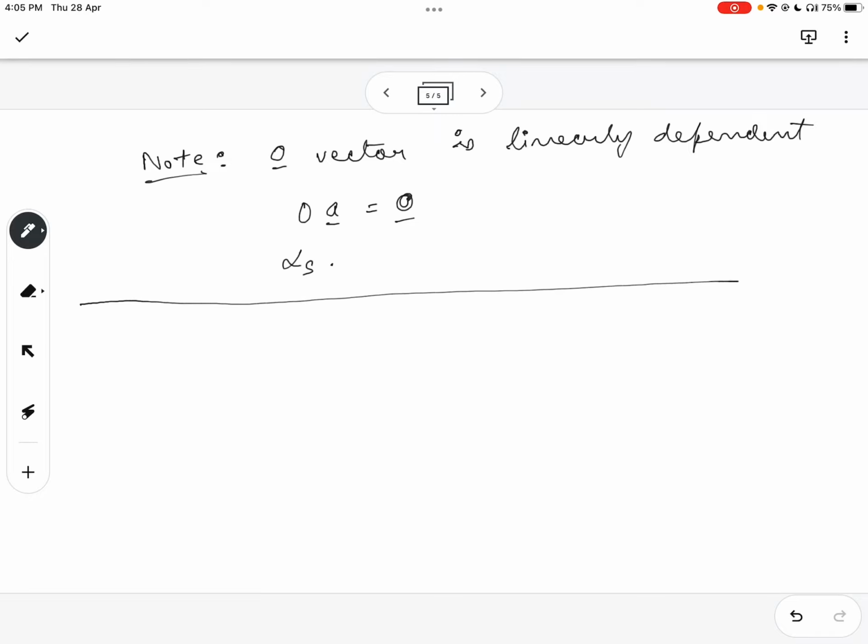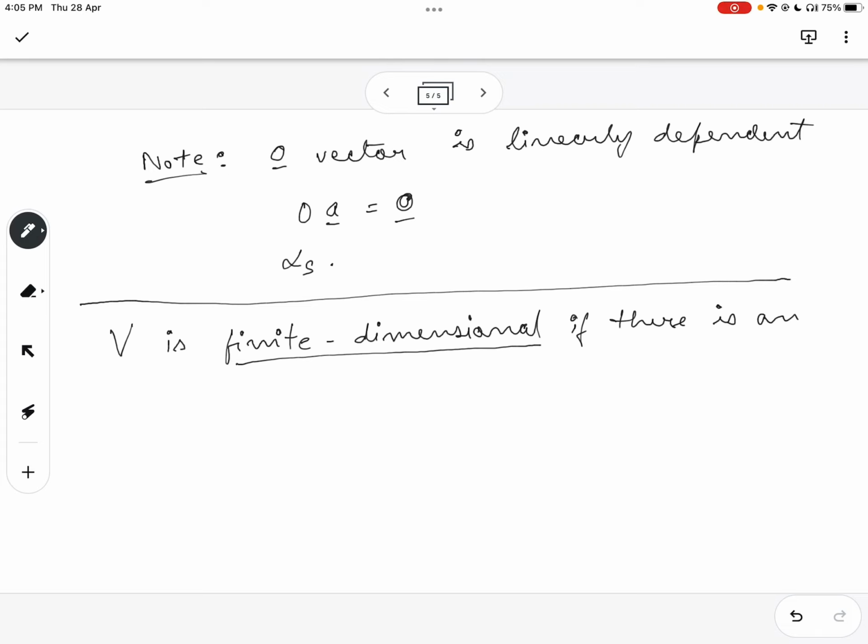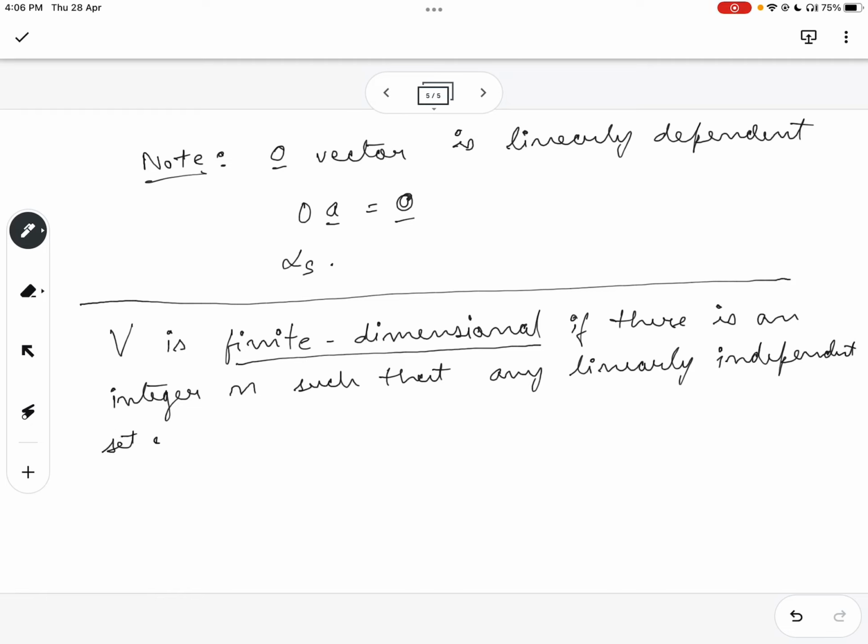Now, using the concept of linear independence, we classify the dimension of the vector space V. So V is finite dimensional if there is an integer n such that any linearly independent set of vectors in V has at most n elements.